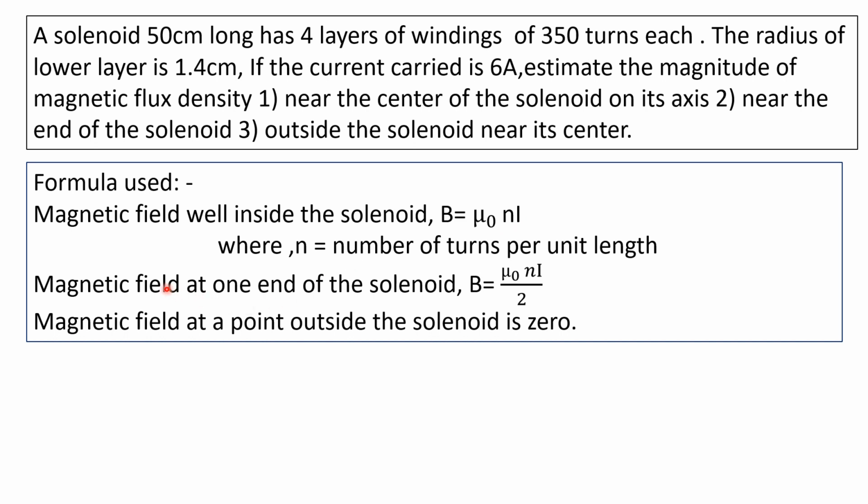The second equation is the magnetic field at one end of the solenoid: B = μ0 n I by 2. And the magnetic field at a point outside the solenoid near its center is 0. So these are the equations we are going to use.